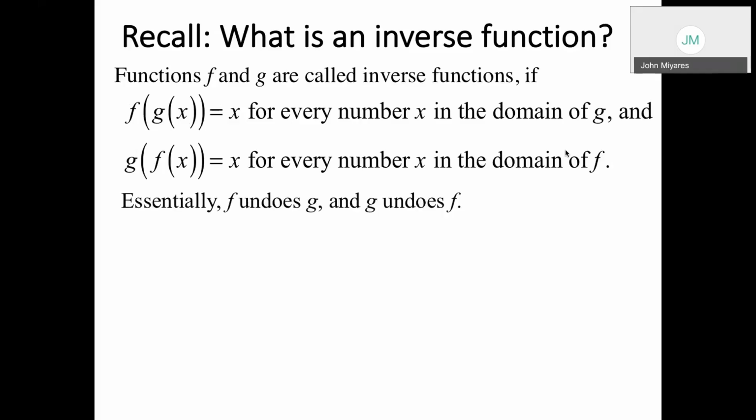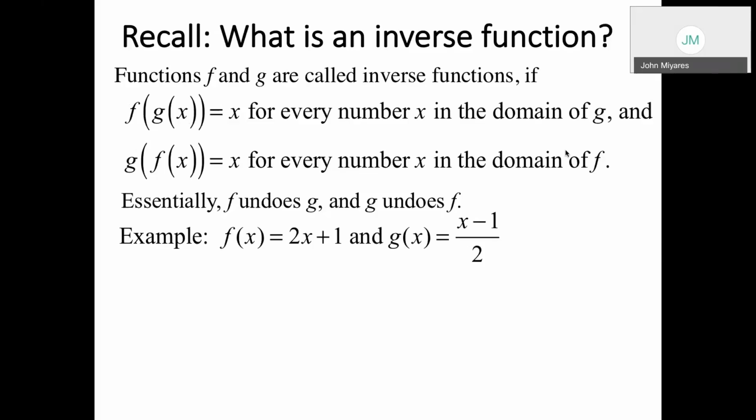Essentially, whatever g does to a function, f undoes it, and whatever f does to a function, g will undo it in order to get you back where you started if f and g are inverses of each other.